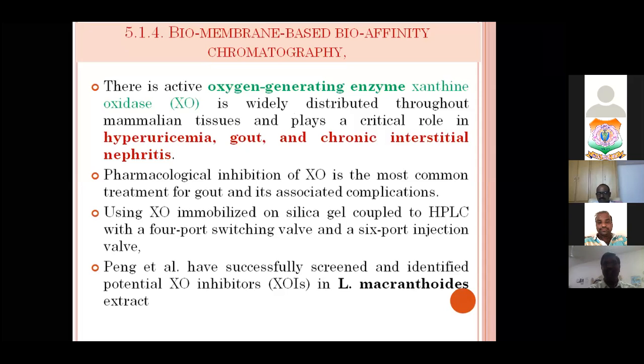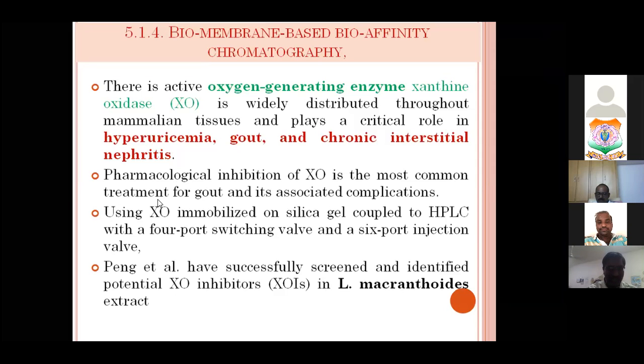Pharmacological inhibition of this xanthine oxidase enzyme may prevent various complications related to gout. Especially natural active compounds or plant-based compounds are widely used in order to prevent hyperuricemia, or to inhibit the xanthine oxidase enzyme.